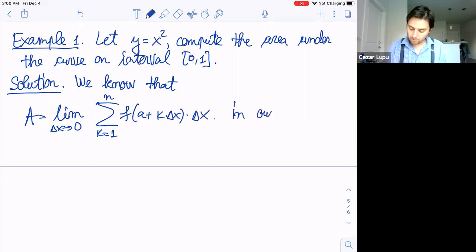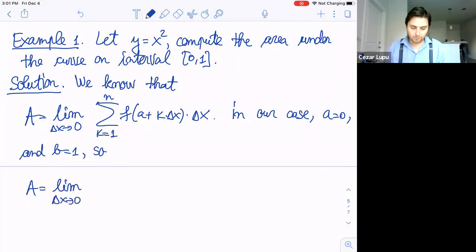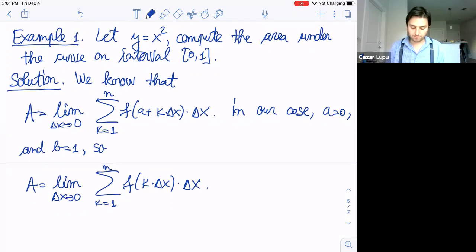So in our case, a is 0, because the interval is 0, 1, and b is 1. All right, so the area will become the following. It will be the limit as delta x approaches 0 of the sum from k equals 1 to n of f of k times delta x.